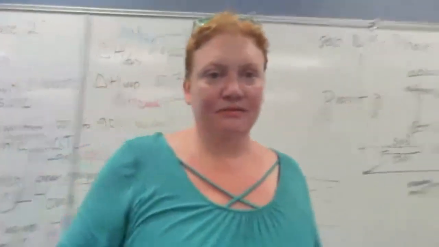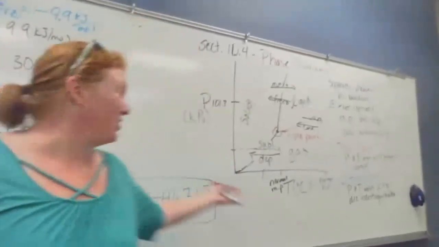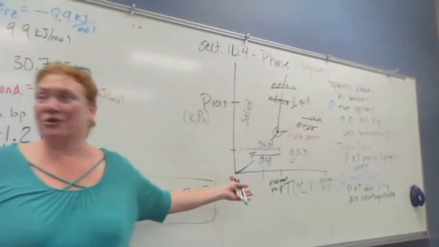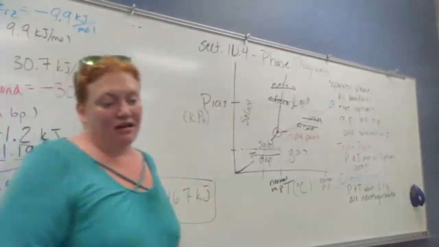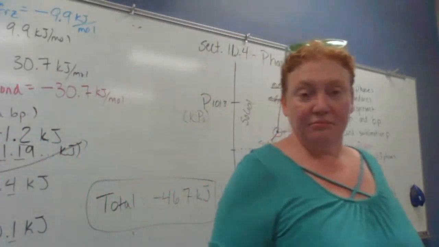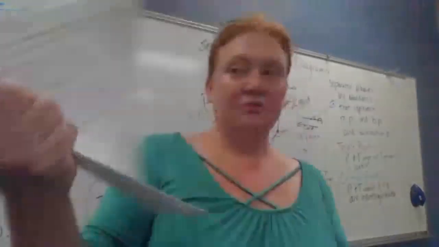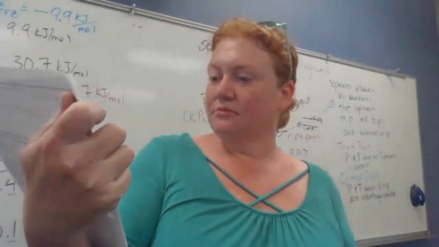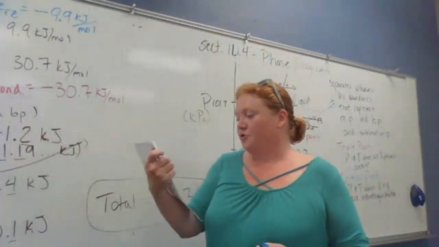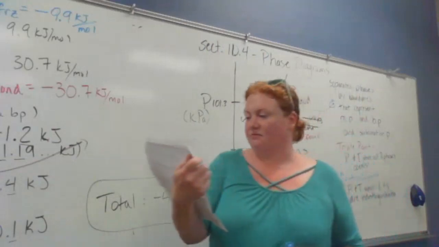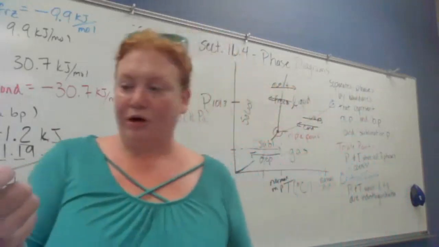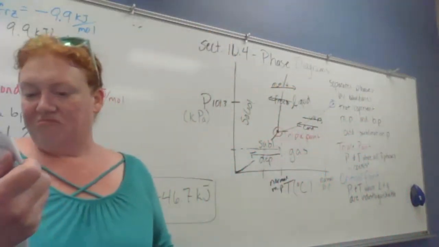So that's really all I wanted you to see. We're going to do this more in lab today. While we take a little break, you can look at number 12 on your in-class. You can identify for me the triple point and the critical point.